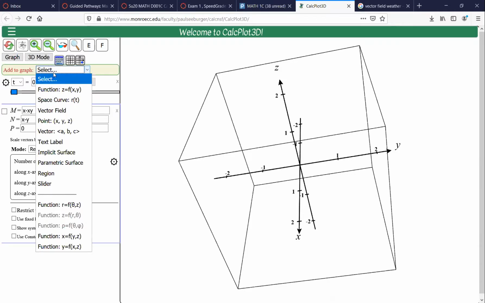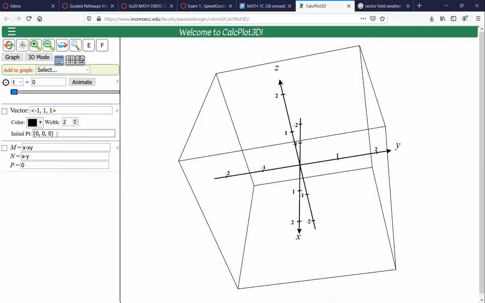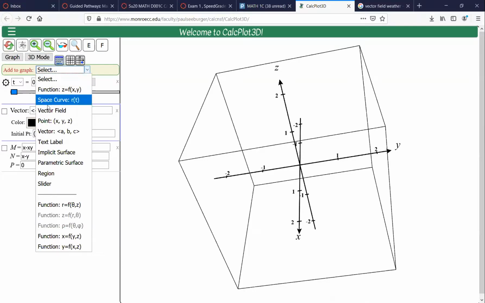We're going to try it later. Let us use a vector here. It doesn't give you that, so let me find something nice to work with.